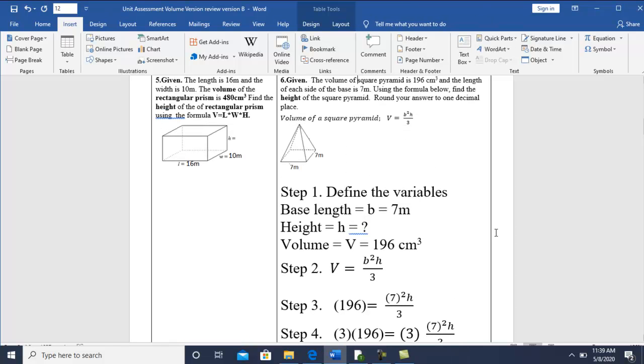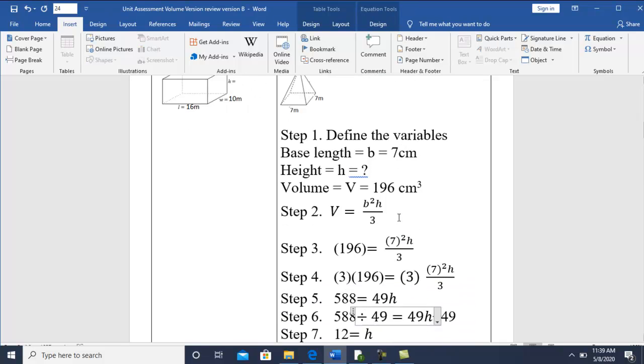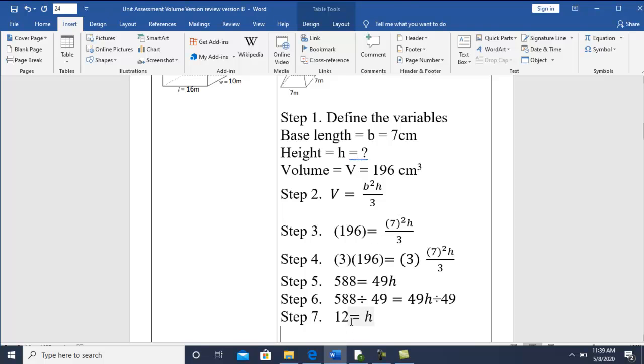Sorry, folks. Sometimes I make mistakes. Centimeters. So it's centimeters. The dimensions are going to be the length, the height is centimeters. So that's our answer. The answer is 12 centimeters. So that's how you would go about doing that.